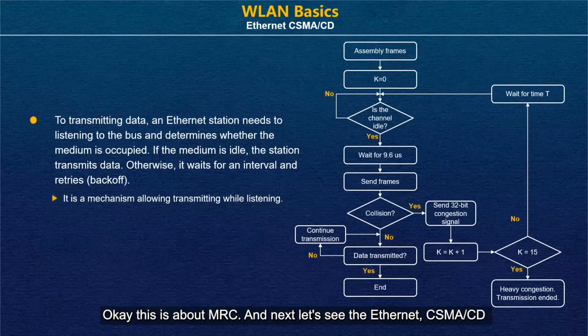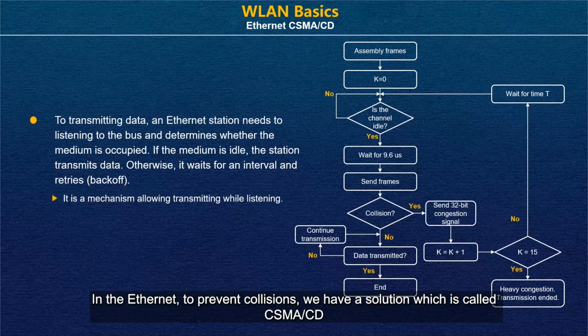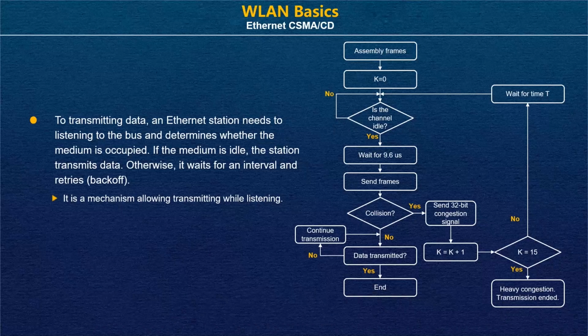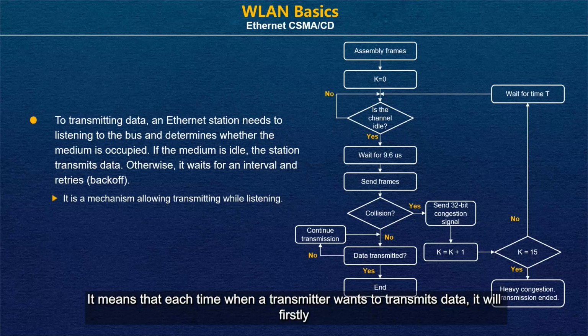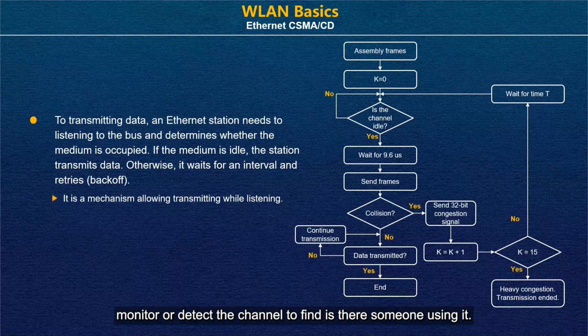And next, let's see the Ethernet CSMA CD. In the Ethernet, to prevent collisions, we have a solution which is called CSMA CD. It means that each time when a transmitter wants to transmit data, it will firstly monitor or detect the channel to find if someone else is using it at this time.